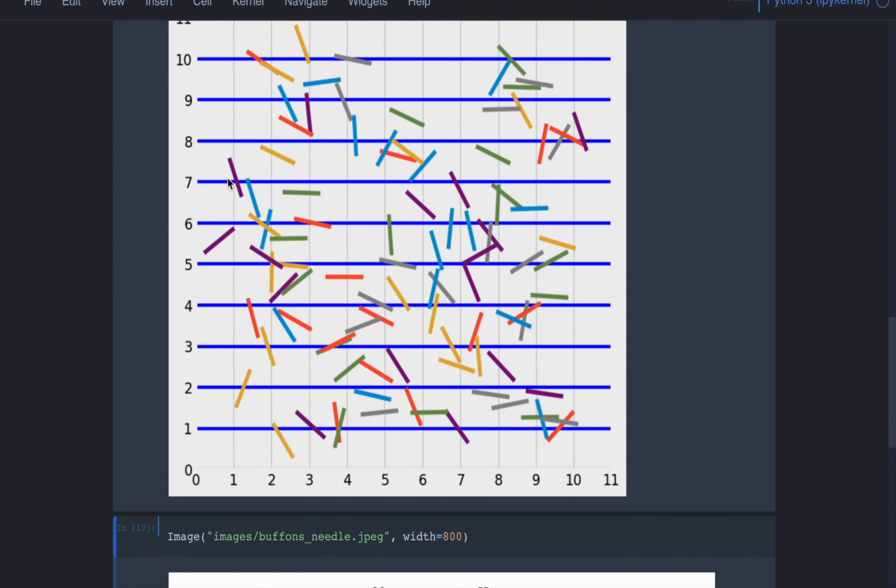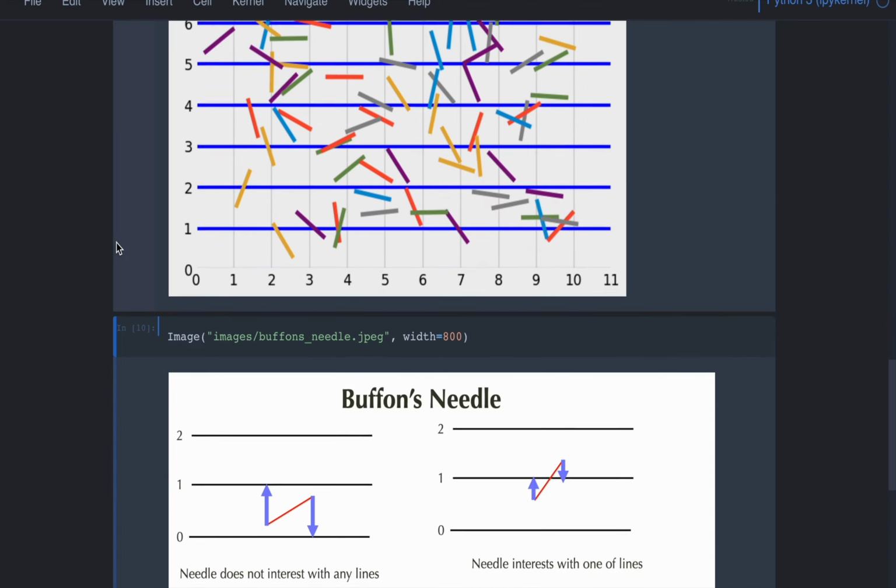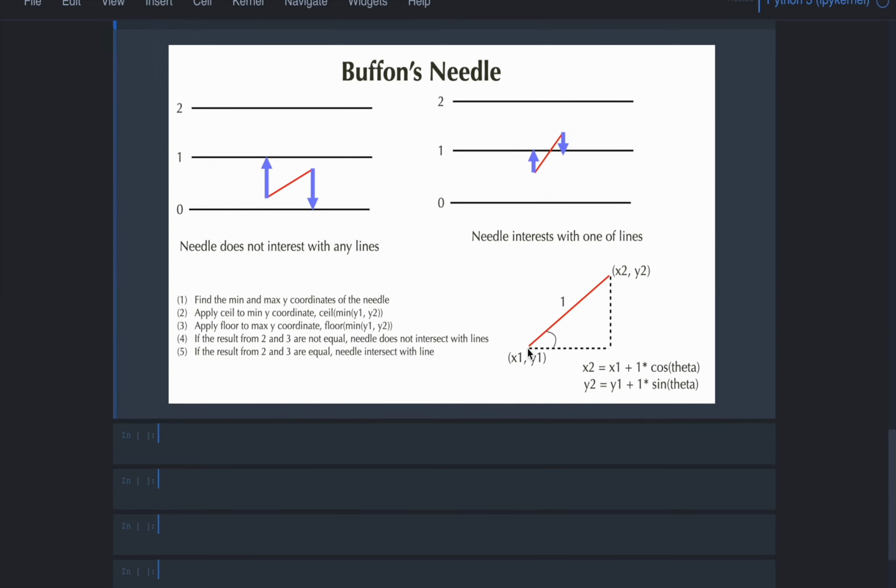So what we do is we generate one point, x1 and y1, one end of the needle coordinate. Then instead of generating x2 and y2 with the constraint that the length should be equal to 1, we generate an angle, between 0 and 360 degrees.